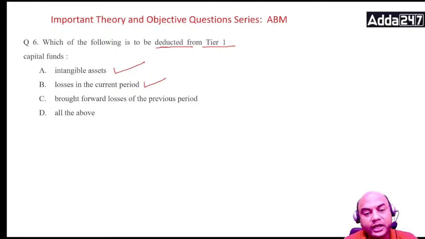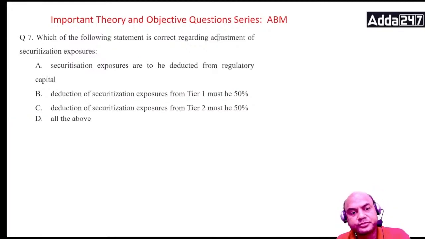Brought forward losses from the previous period, I have not taken into account. Now I'll have to take them into account in any case, and then find out my net profit. So the answer is D, all of the above. This is the right answer.